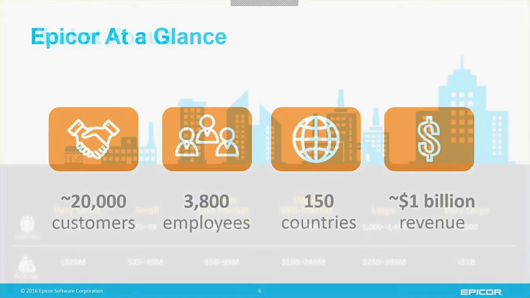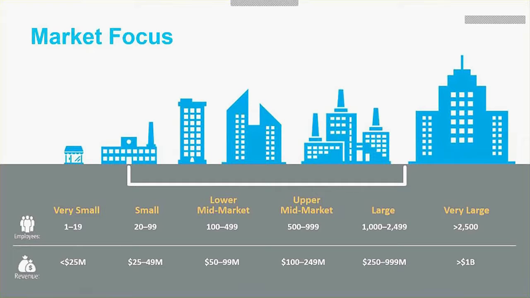Our focus is for customers 20 through to 2,500 employees. The mid-market, the manufacturer, distributor even, that has a certain volume of equipment, number of facilities, probably operates in one or more countries, etc., etc.